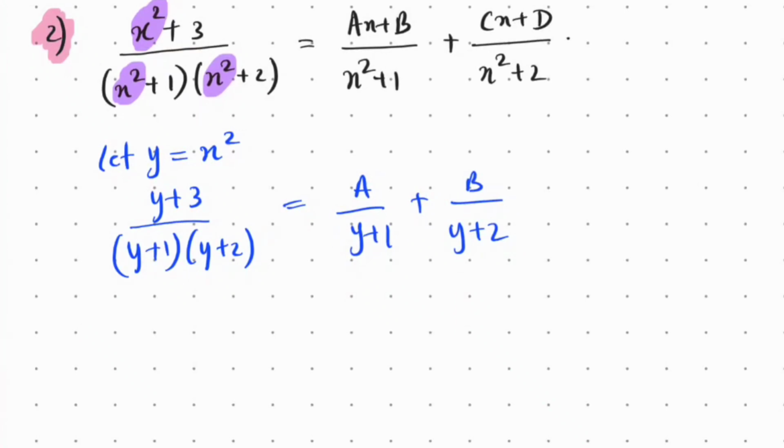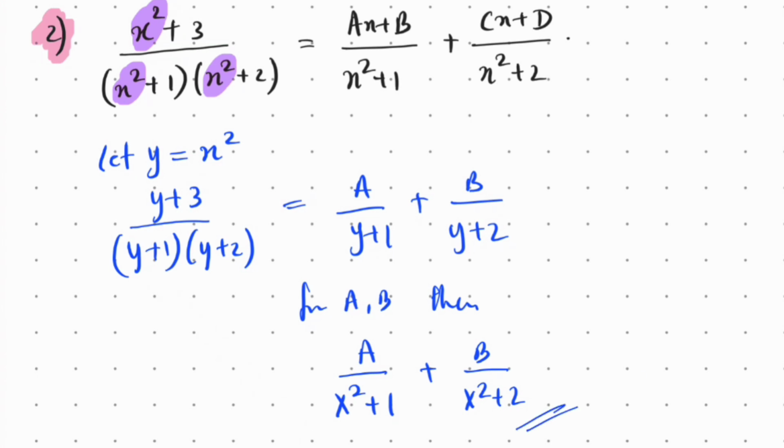Now once I figure out A and B, then I'm going to backward substitute. Right, this is find A, B, then you rewrite it, x squared plus 2. You see, this is going to be the answer. I'm not going to find A and B, okay, maybe I will find A and B using an easy method.